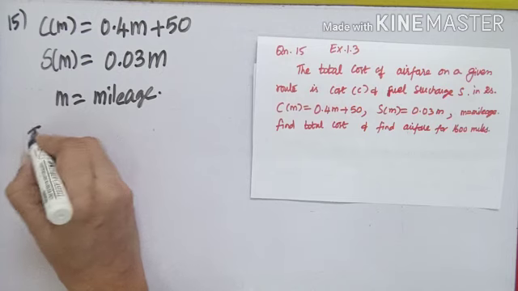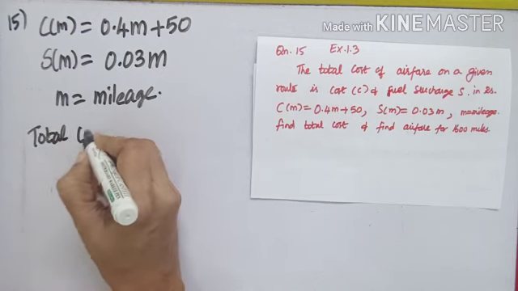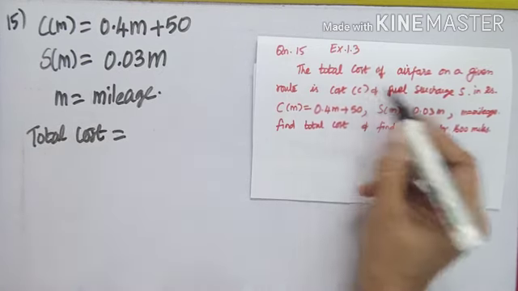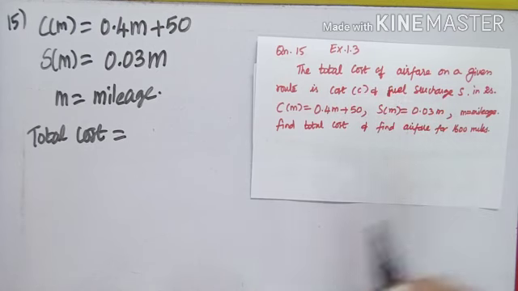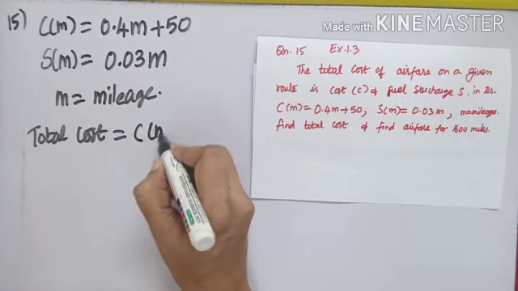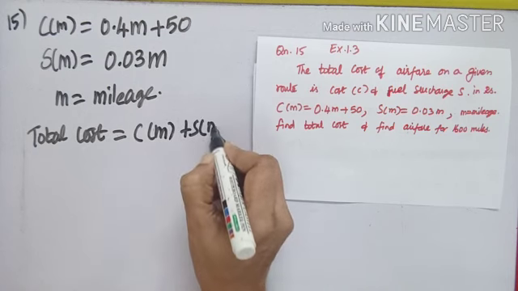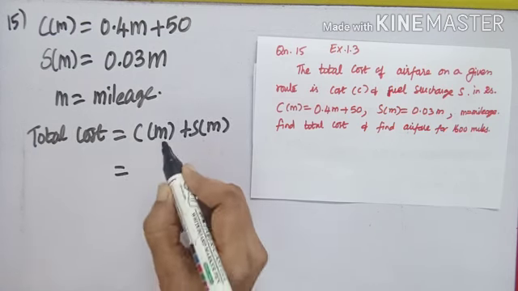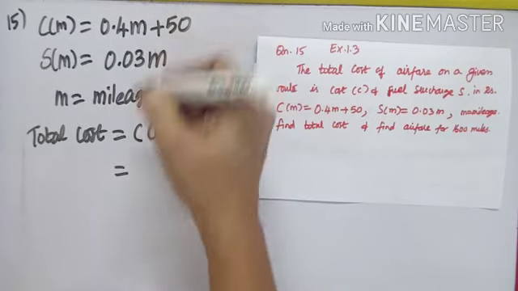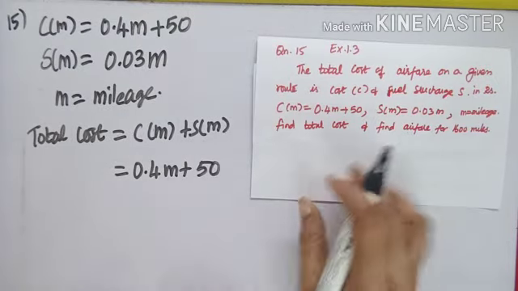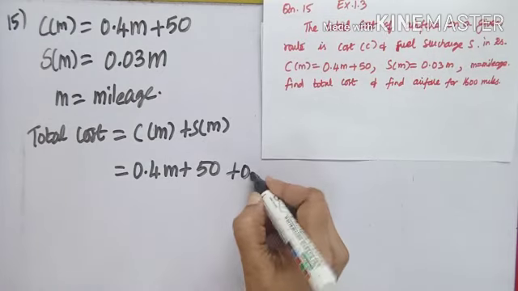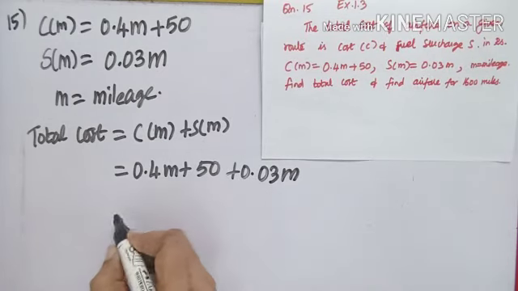Now we need the total cost. They have told us in the question total cost is C and S. That means we must add both. So it is simply a question on addition of functions. Add both: 0.4 m plus 50 plus 0.03 m.